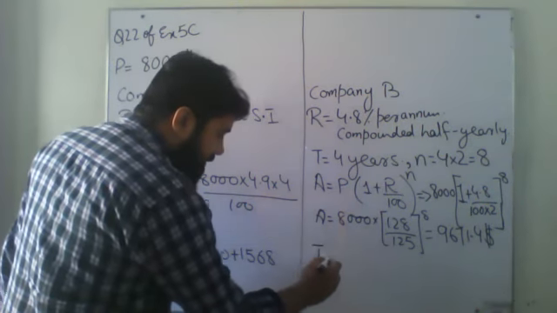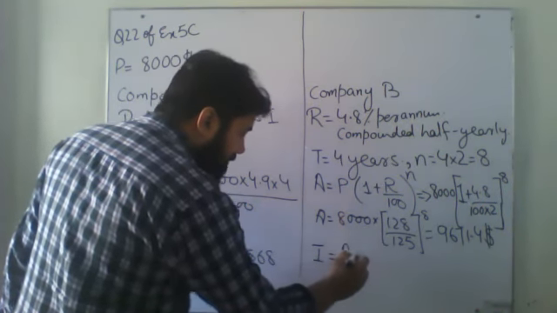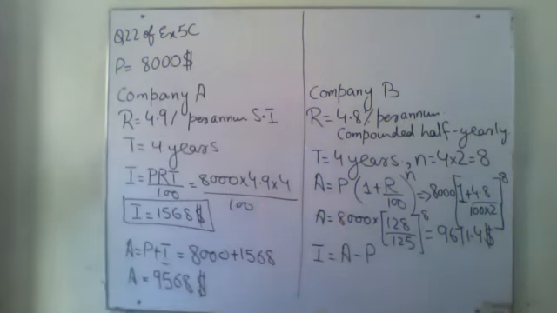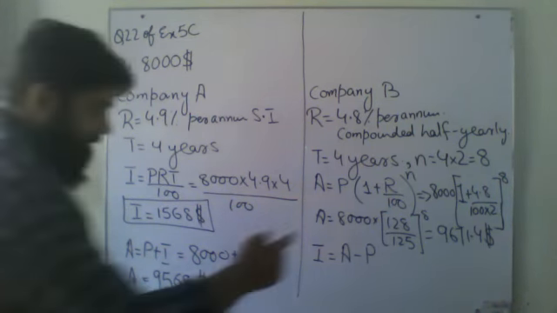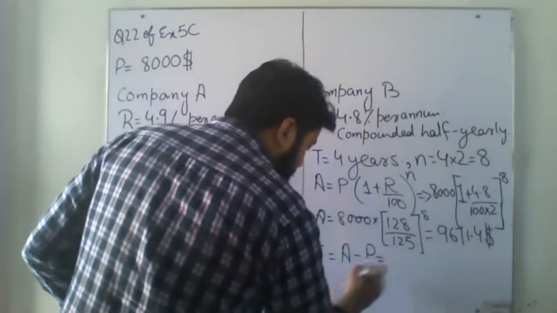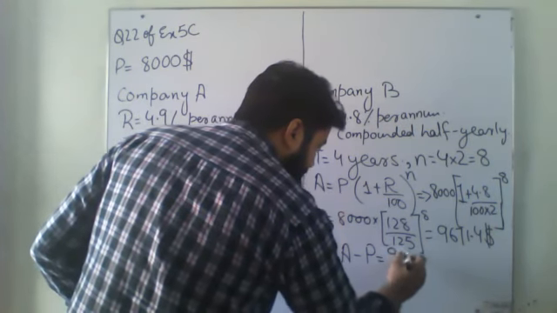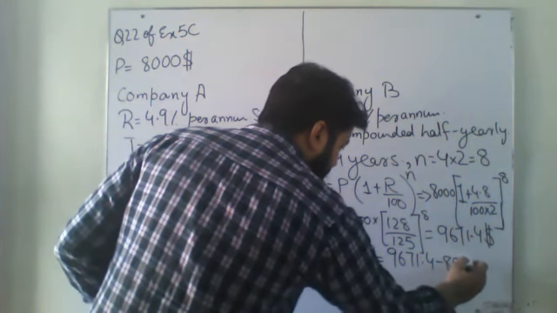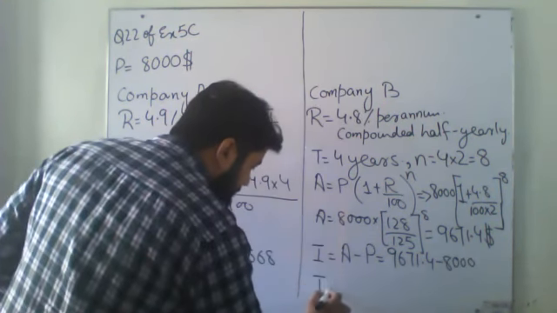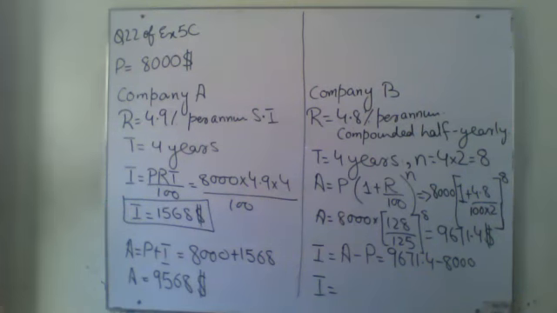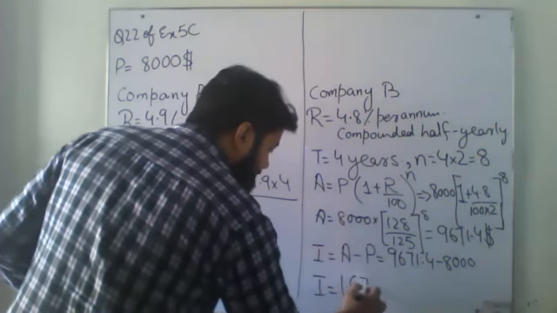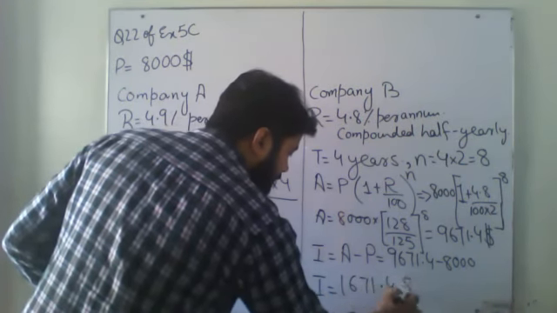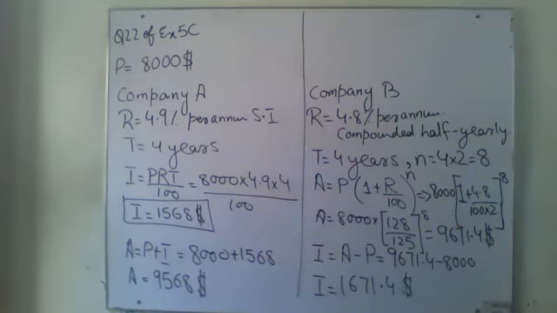Interest will be amount minus principal: 9671.4 minus 8,000. So the interest is coming $1671.4.